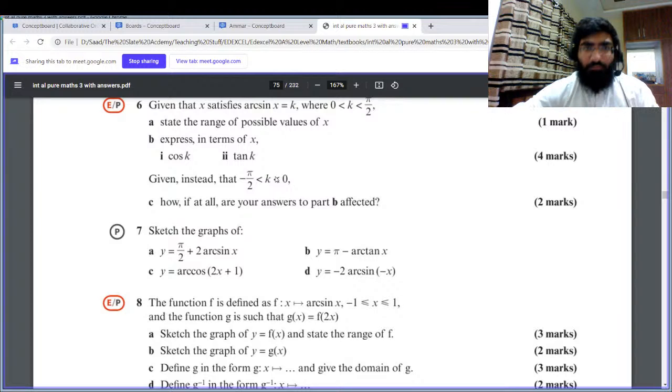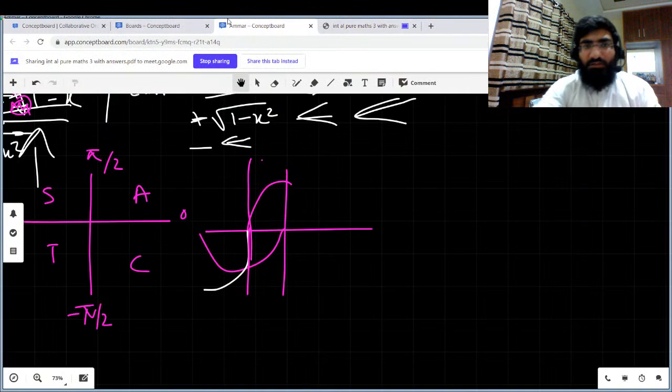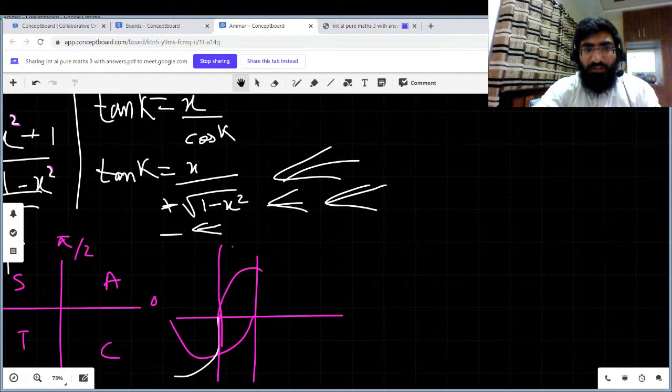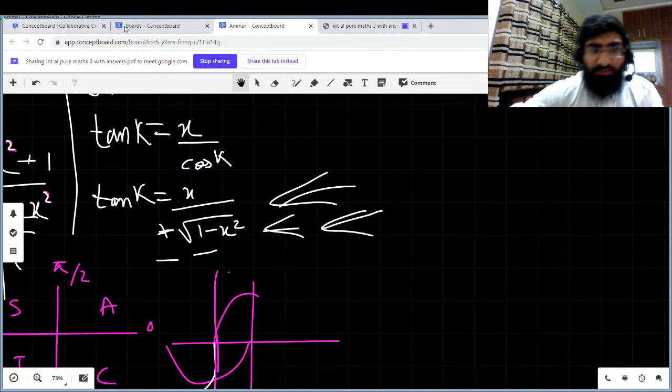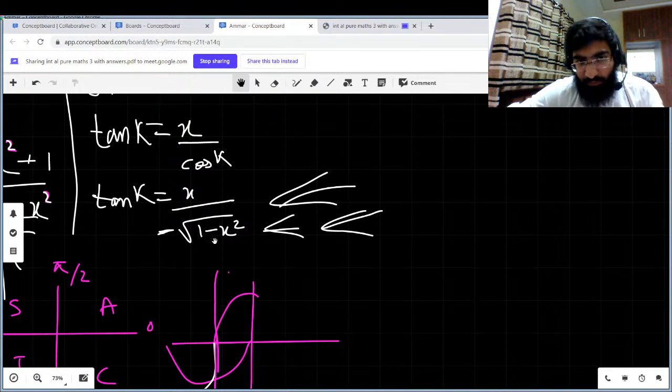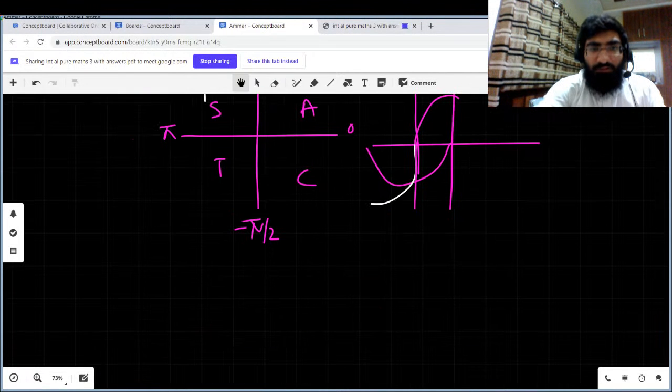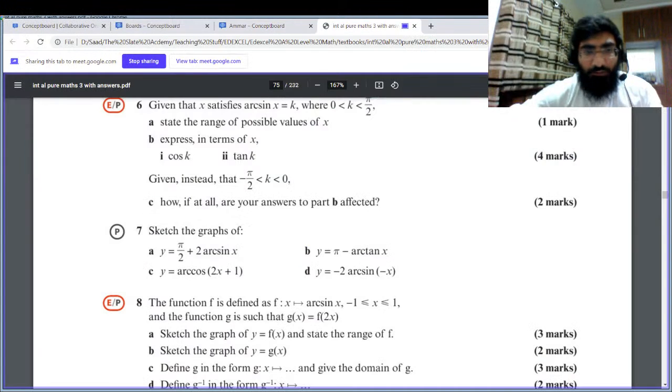Yes, tan would be negative and cos would be positive, because for this value of x, tan is equal to x by root 1 plus x squared. This x would become negative. Correct, we're both saying the same thing in different words. So, on to the next question.